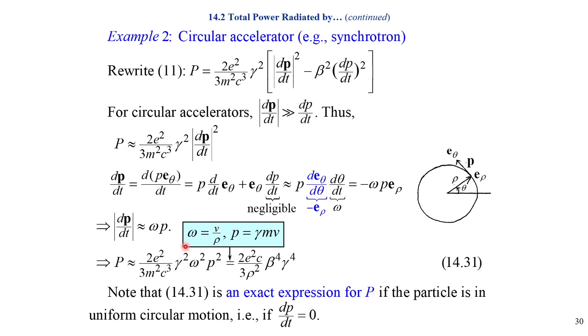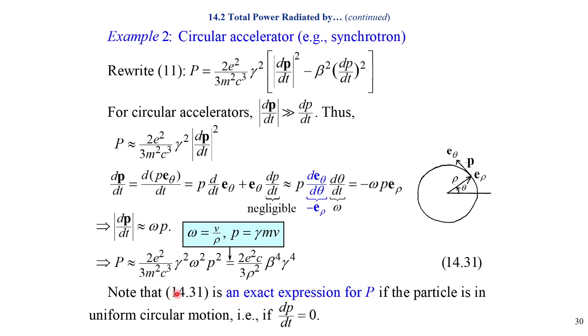Gamma to the fourth. Omega squared is replaced with v squared over rho squared, and v squared divided by c squared gives beta squared. So we have beta squared here and another beta squared. Eventually the total radiated power is shown here.